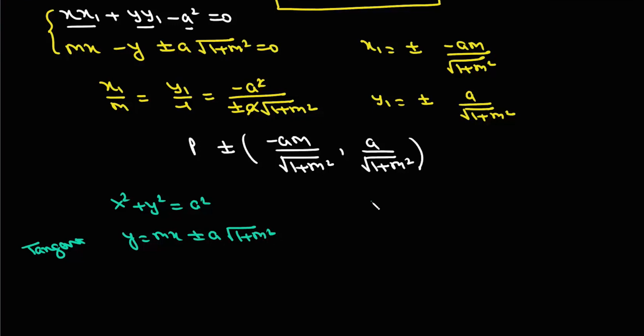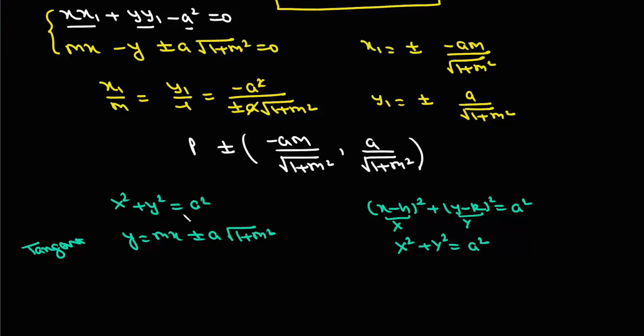And if we have any general circle which is (x minus h) square plus (y minus k) square equals a square, what we'll do is take x minus h as capital X and y minus k as capital Y. So we'll write this as capital X square plus capital Y square equals a square.